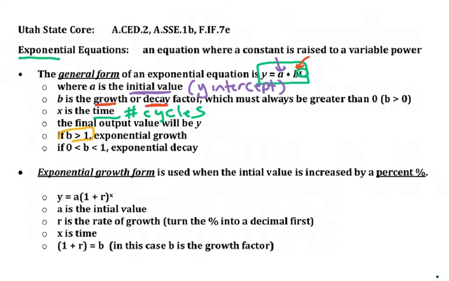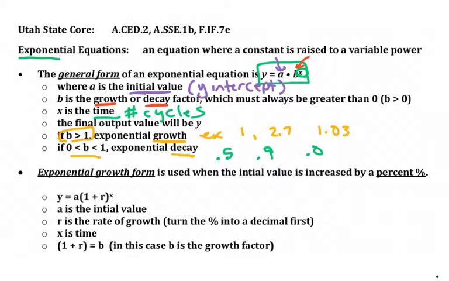If b is greater than 1, then it's exponential growth, so it's getting larger. If b is between 0 and 1, it's exponential decay. So for example, for growth, if you had like 1.2, 2.7, 1.03, those are all growth. If you had something like 0.5, 0.9, 0.01, those are all decays.